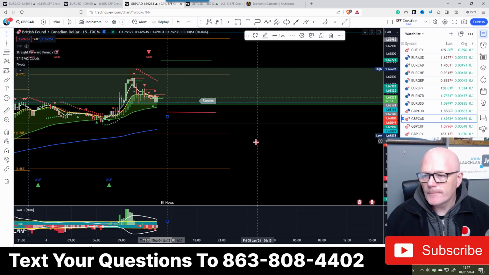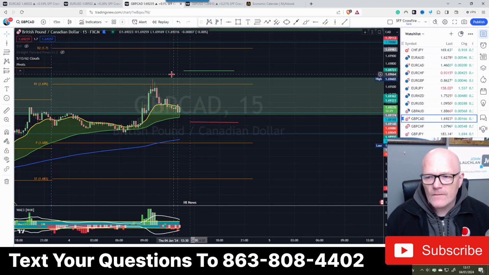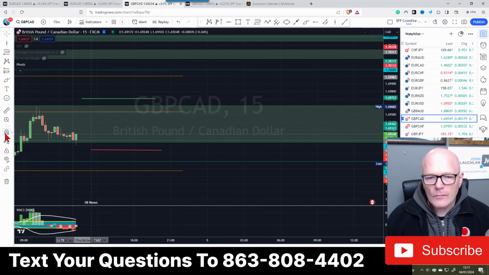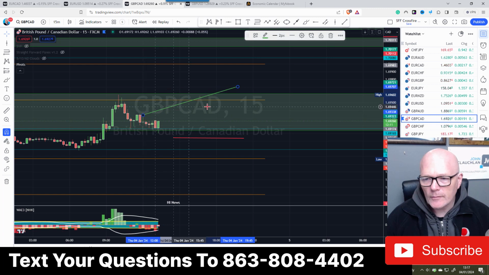GBP CAD. Magnet tool goes on. Where's the higher high to this one? The higher high is this green doji candle here with a big wick and no body.